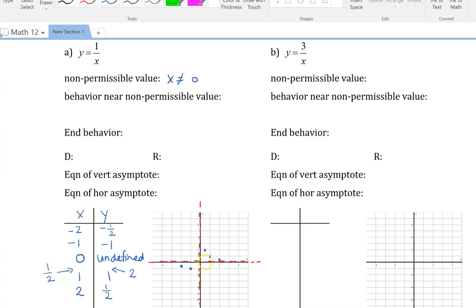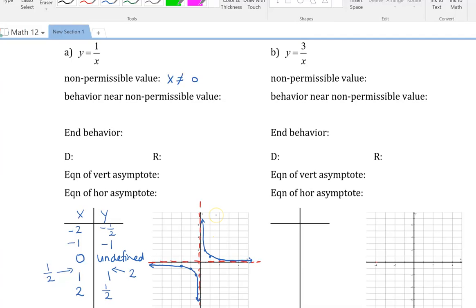So since I have positive half and 2, I'm now going to have -0.5 and -2. So I can connect my 3 points on this side, and then I'm going to connect my 3 points on the left side. And that is what the rational function 1 over x looks like.